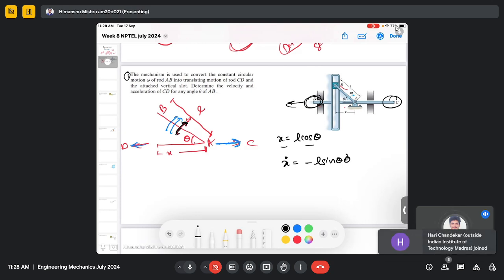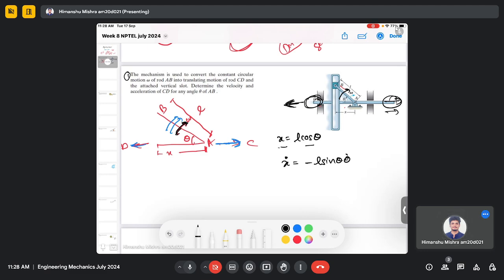So this is moving in the horizontal direction, right? So just to recap, due to the rotating rod AB, there is a motion in this rod CD in the horizontal direction.